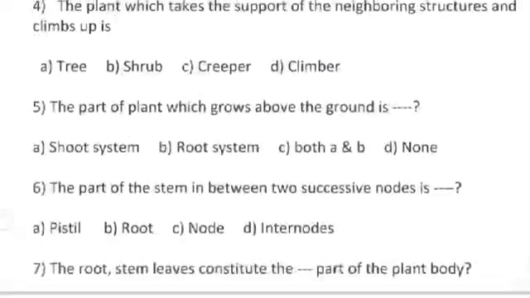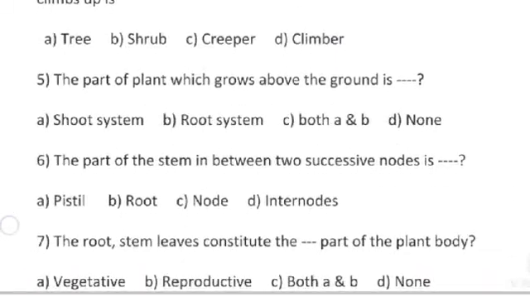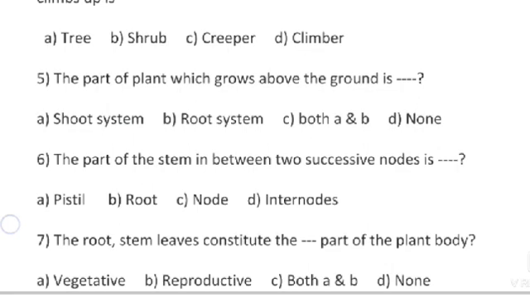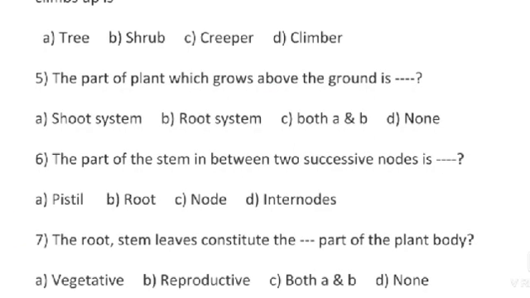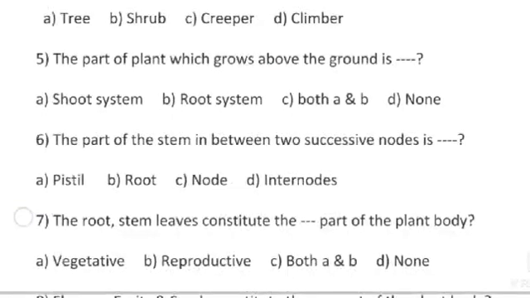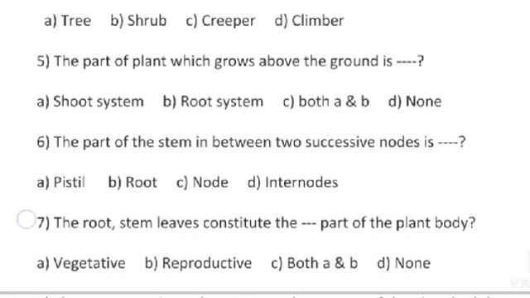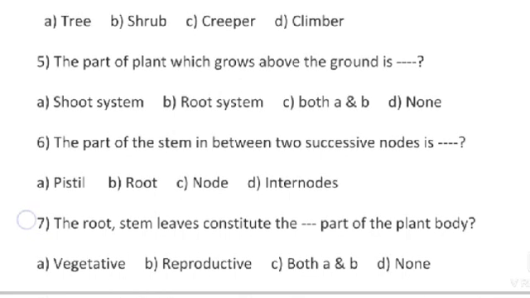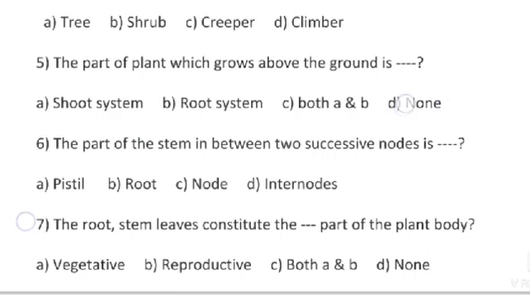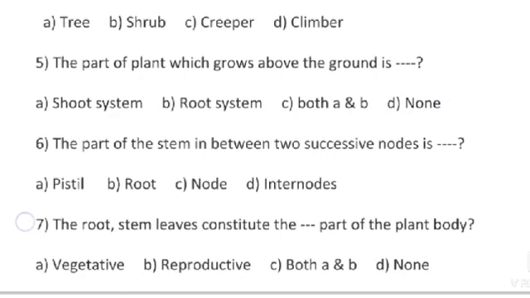Question number 5. The part of the plant which grows above the ground is dash. A shoot system, B root system, C both A and B, D none of these. Option A shoot system. Question number 6.